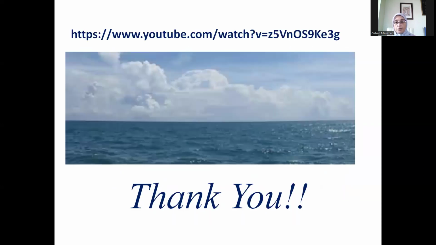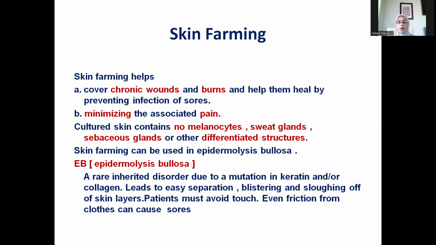Epidermolysis bullosa is a genetic disorder. And genetic is different from congenital. Genetic means that there is an abnormal gene, and that it is inheritable. It is transferable through offspring. But congenital is not necessarily genetic.